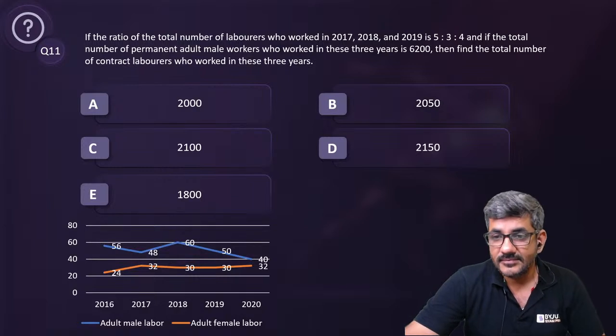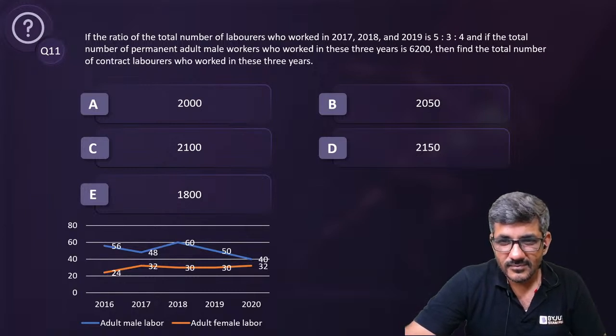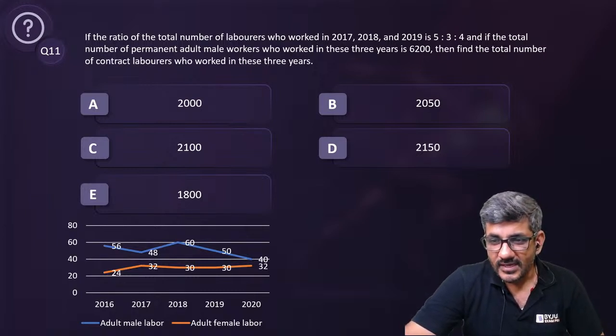At least 10 answers. Tell me what is the answer for this.